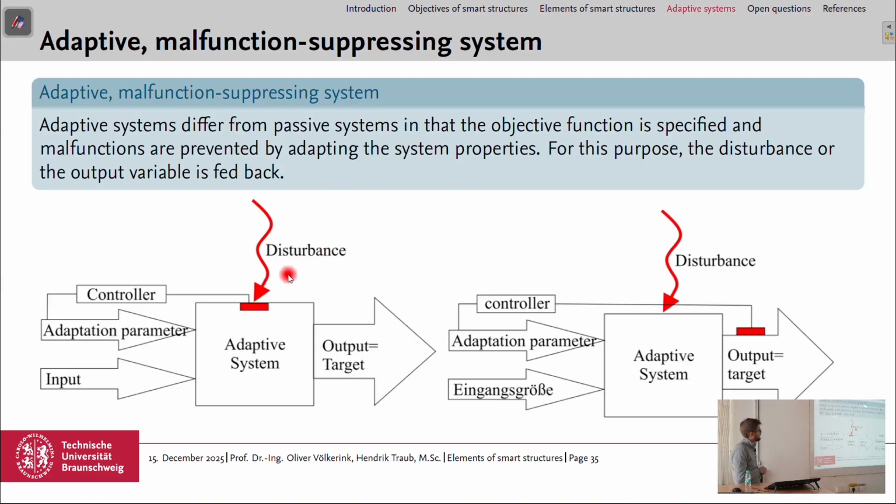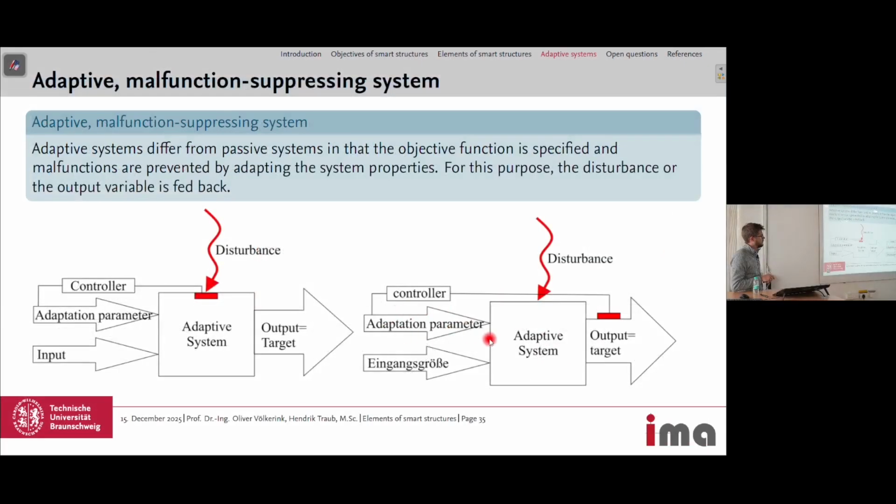For doing so, we have two options. We can measure the disturbance directly and feed it back through a controller into an adaptation parameter into the adaptive system, or we can measure our output quantity and not the disturbance and feed that back through the controller into the adaptation parameters and then have the output.